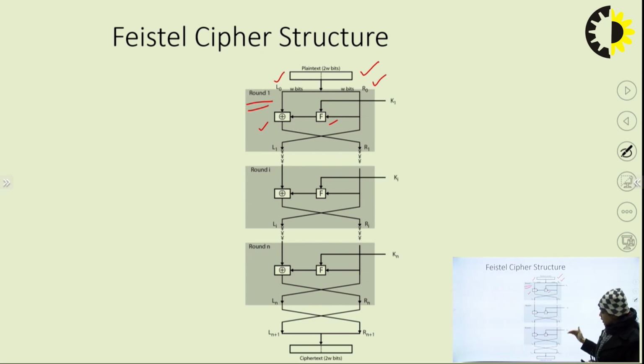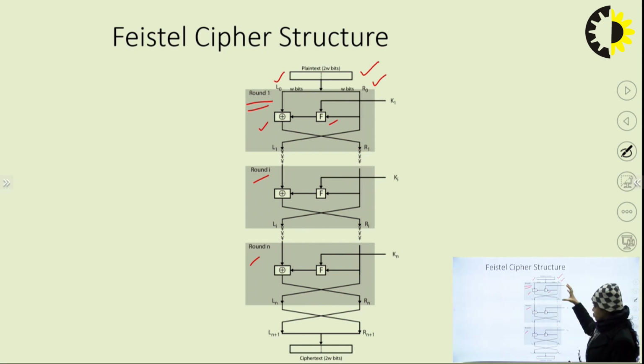These rounds will keep on repeating again and again. You can see over here, this is round 1, round 2, round 3, and so on, depending upon how much time you want to process these bits, and the number of rounds will decide how secure this information will be on the receiver side.